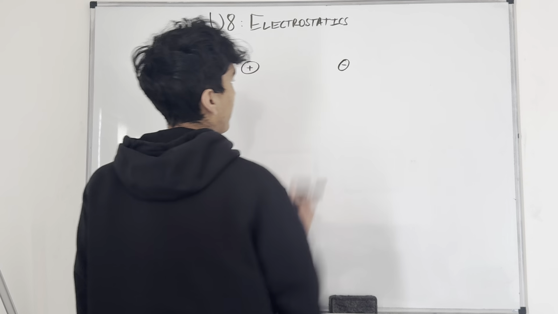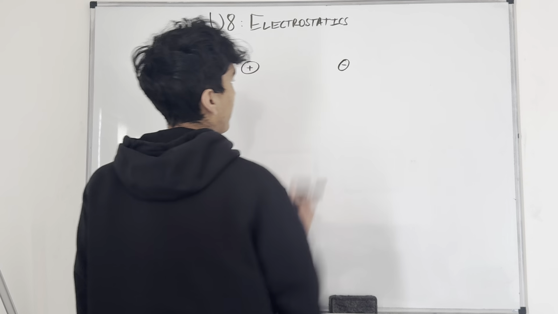If you take a negative and a negative, they will repel, which we don't see with gravity. I'm giving this a subscript E for the electric force, because we call this force due to electric charges the electric force or the electrostatic force. We don't see mass repelling each other.